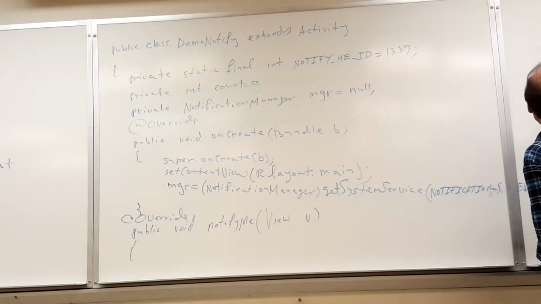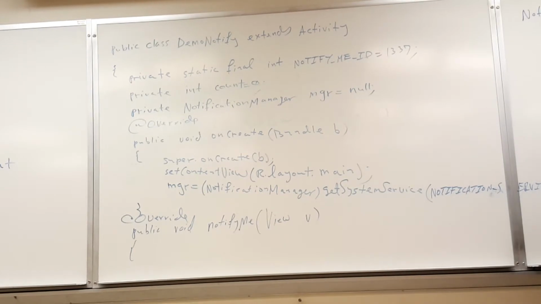First of all, Notification N equal new Notification, R dot drawable dot stat_notify_chat, comma.